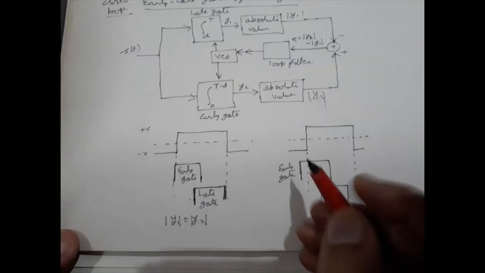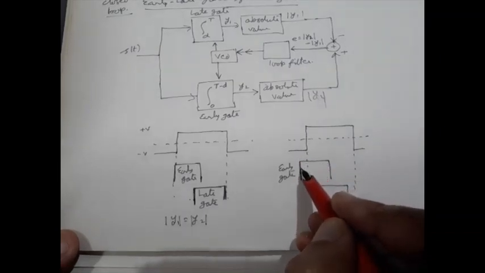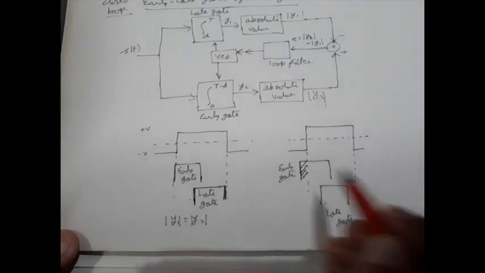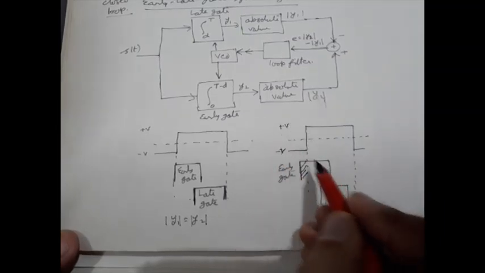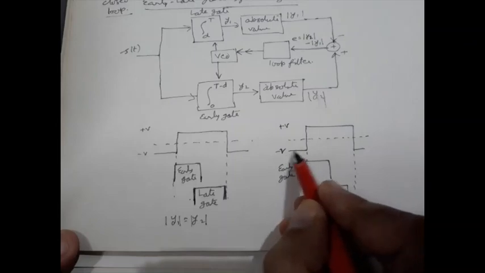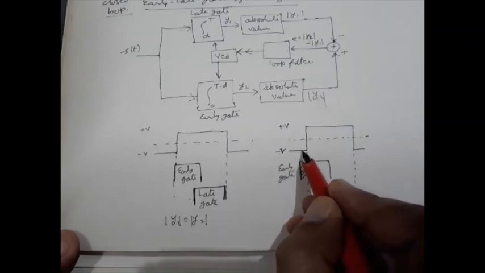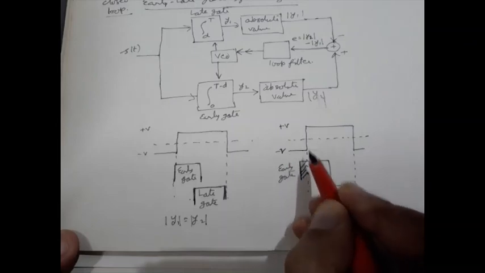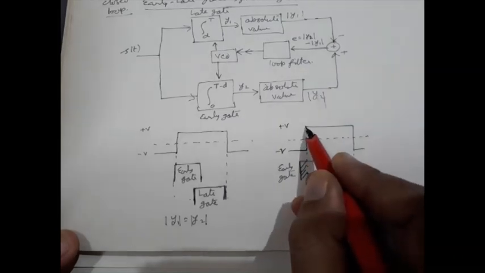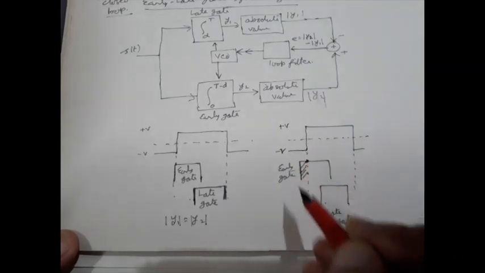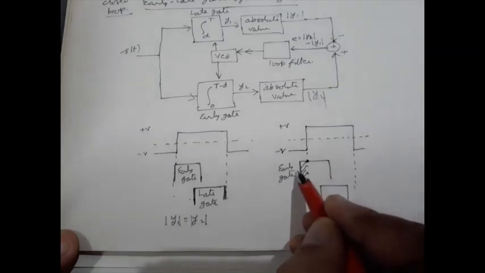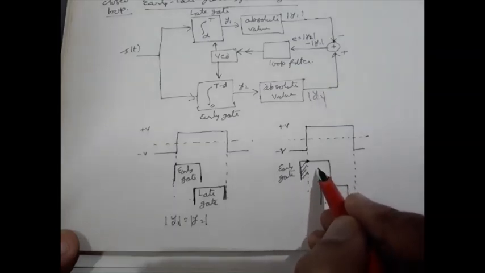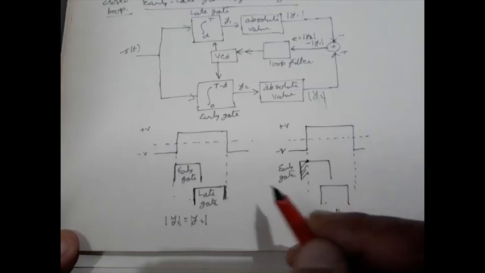But the point is that within this region the value of the bit is negative, and this negative portion will be positive at this point. That means this early gate will accumulate less amount of signal compared to the previous one.